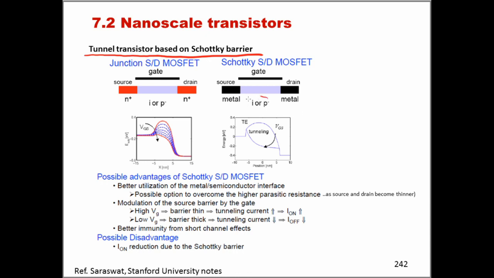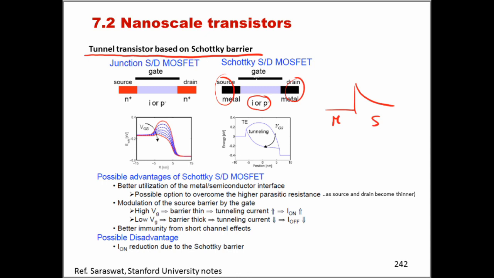The semiconductors are only used in the channel, but now we use metals in the source and in the drain. And as we know, the metal semiconductor contact creates a Schottky barrier. If you remember, the Schottky barrier is effectively related to the band bending happening in the semiconductor. So this is the metal and this is the semiconductor.